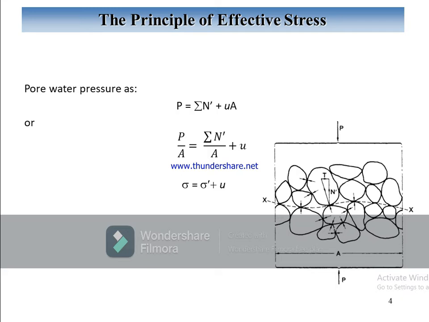The error involved in assuming point contact between particles is negligible in soils, the total contact area normally being between 1 and 3% of the cross-sectional area. And it should be understood that effective stress does not represent the true contact stress between two particles, which is random but much higher, N prime by A, where A is the actual contact area between the particles.